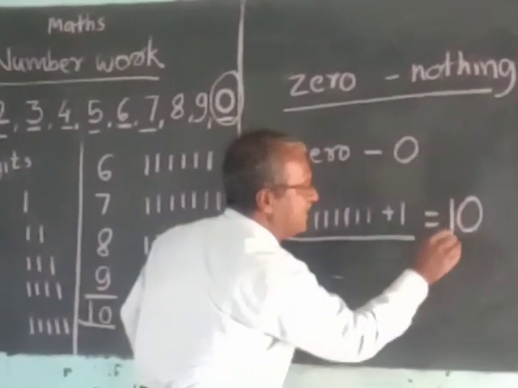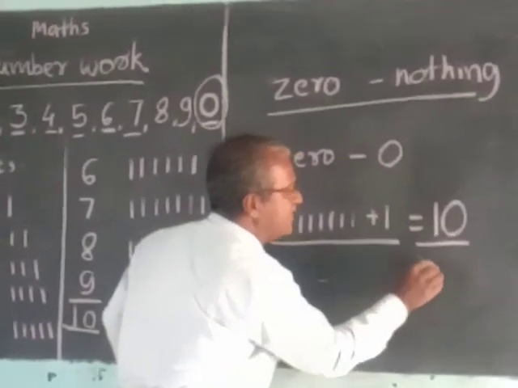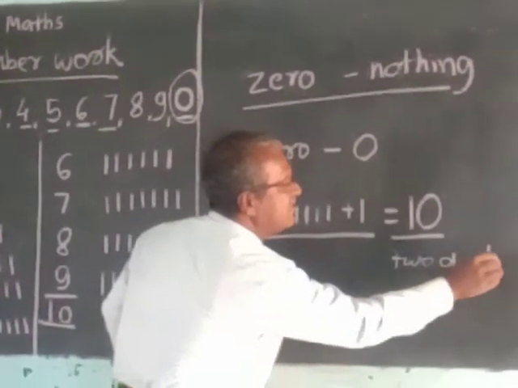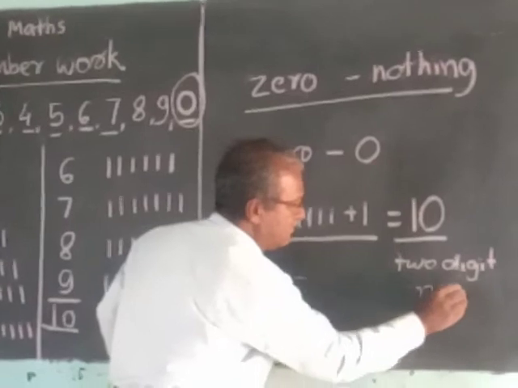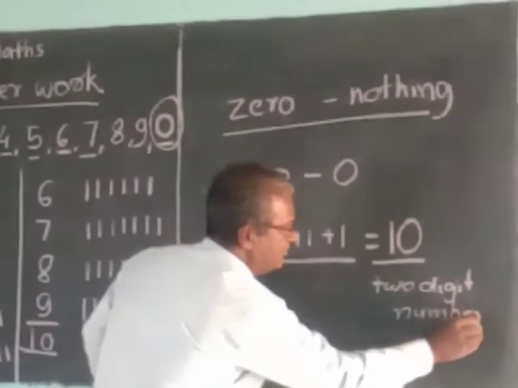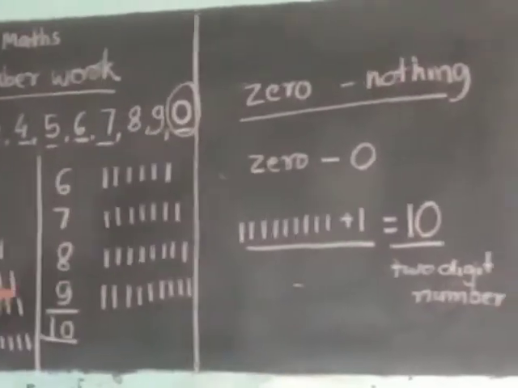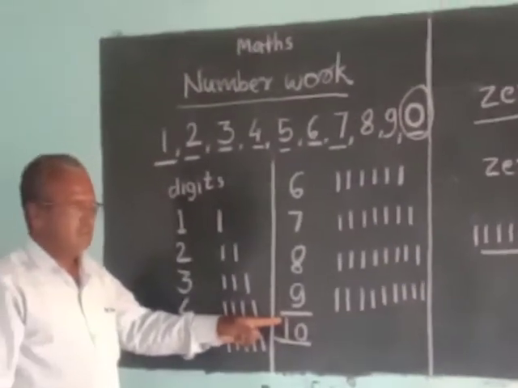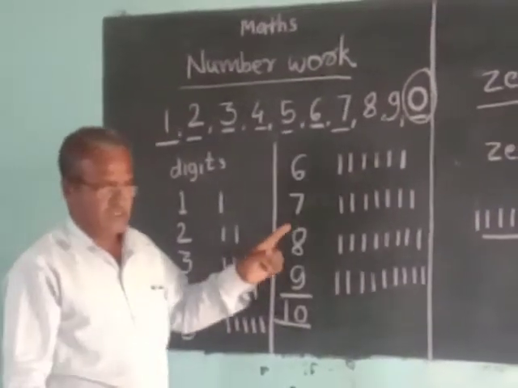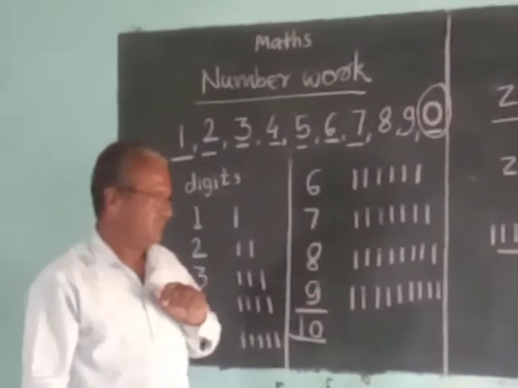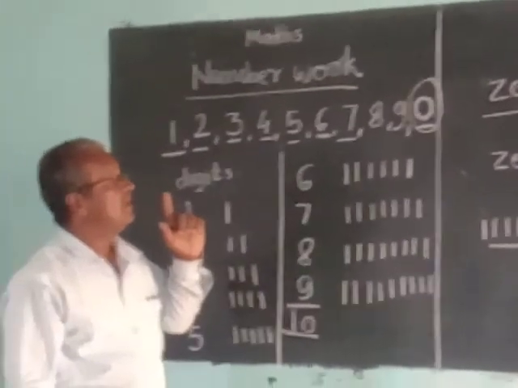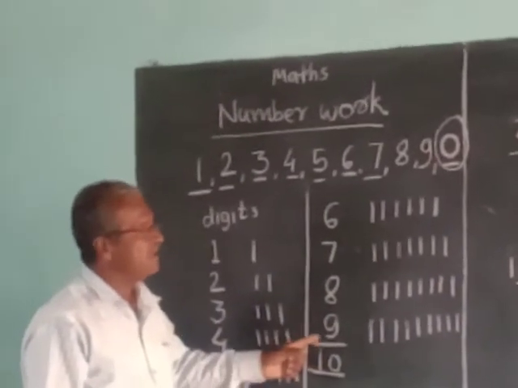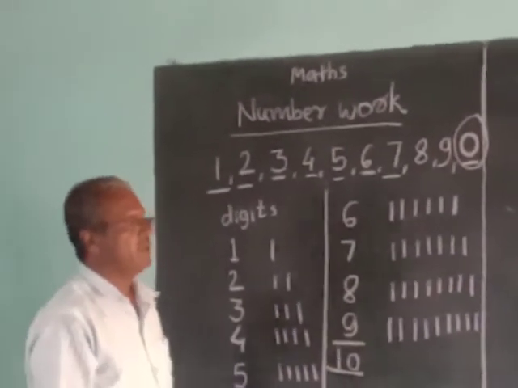This number is called a 2-digit number. After one digit, from 10, 2-digit numbers begin. We shall take more information about 2 digits in the next video.